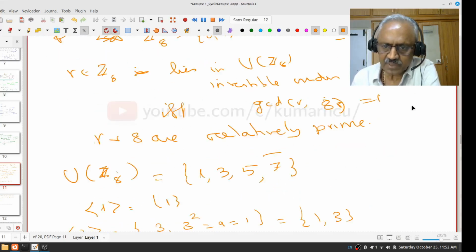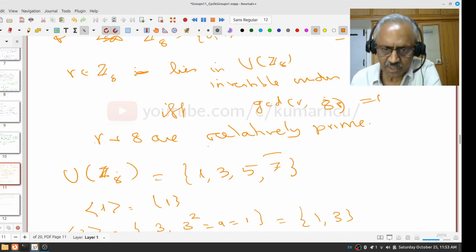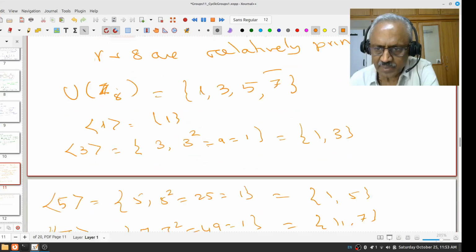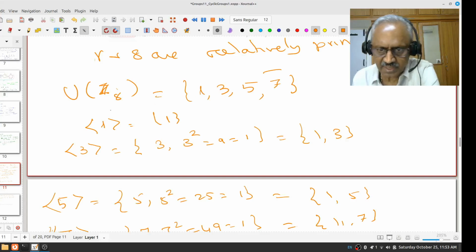When does r have a multiplicative inverse? If and only if r and 8 are relatively prime, that is, the greatest common divisor of r and 8 is 1. Therefore, what are the elements of U(Z8)? 1, 3, 5 and 7. 2 is not, because 2 and 8 have common divisor 2. 4 is not, because 4 and 8 have common divisor 4. 6 and 8 have common divisor 2.